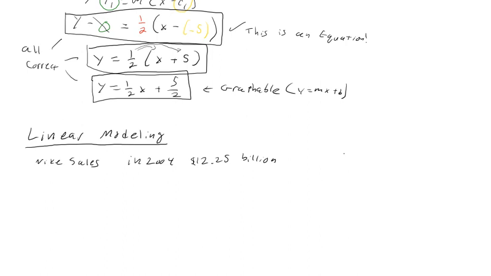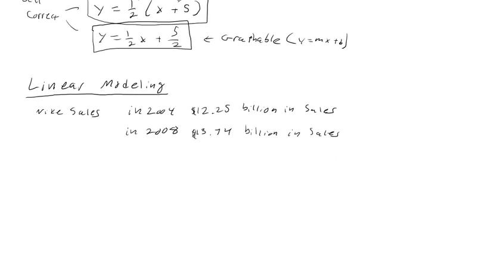And in 2008, 4 years later, you had 13.74 billion in sales. Let's say you were Nike and you were looking at these numbers. And you're like, okay, here's my situation. I'm selling these many shoes in these years. Let's make some predictions.